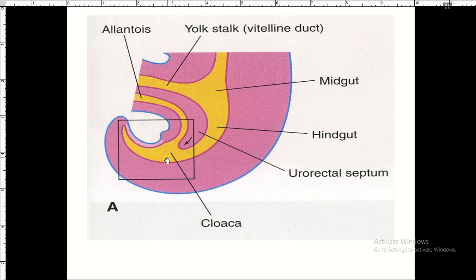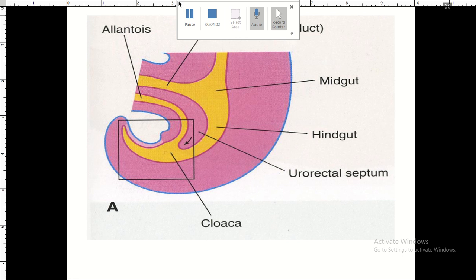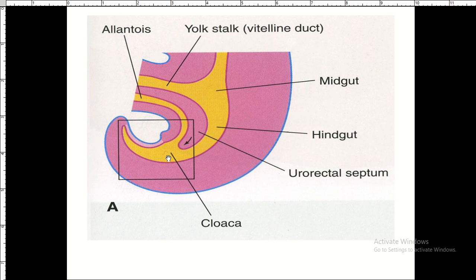You just see everything entering the same cloaca. That's why chickens defecate with the urine and everything together, because there is one compartment. But it's not the same in humans.